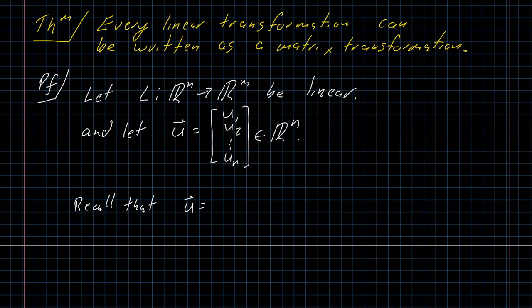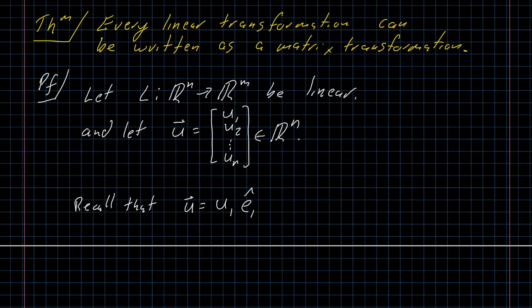And the reason that I want to name specifically my vector by its components is to remember that this is not the only notation we have for a vector in Rn. We also have the unit vector notation. I can take the first component and multiply by the first basis unit vector, e1 hat.